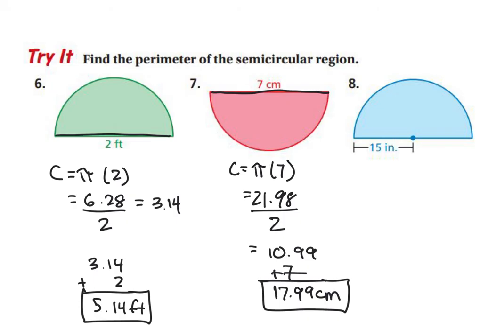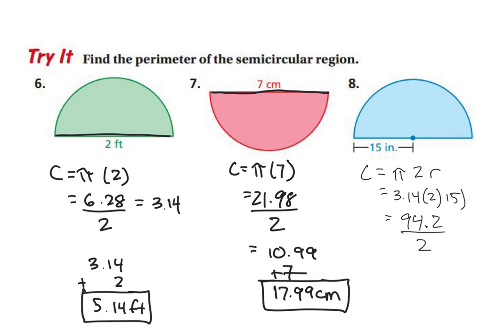And for this last one, 8, our formula changes a bit because it becomes pi times 2 times radius. Pi is 3.14 times 2 times 15. So 3.14 times 2 is 6.28 times 15 is 94.2.